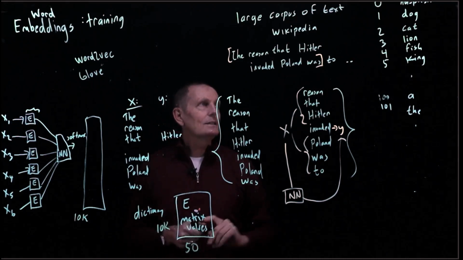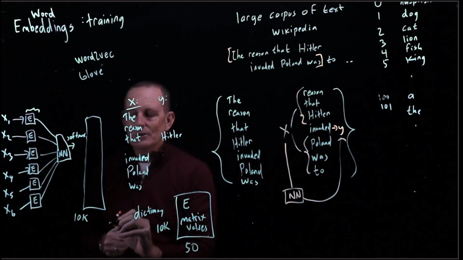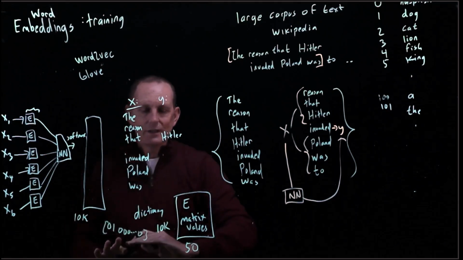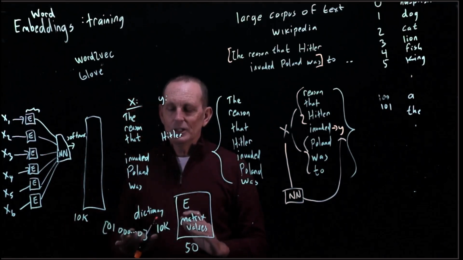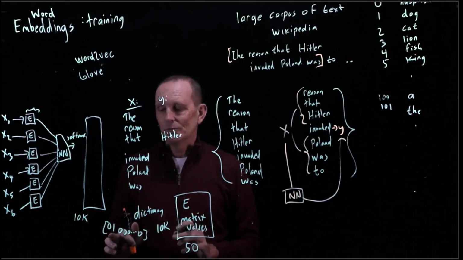Well, what that really means is if you just take, for instance, dog, and dog happens to be 0, 1, 0, 0, 0, and a bunch of zeros, and you multiply that vector by this matrix, you are picking out a particular row from here. You're picking out, in fact, the second row.